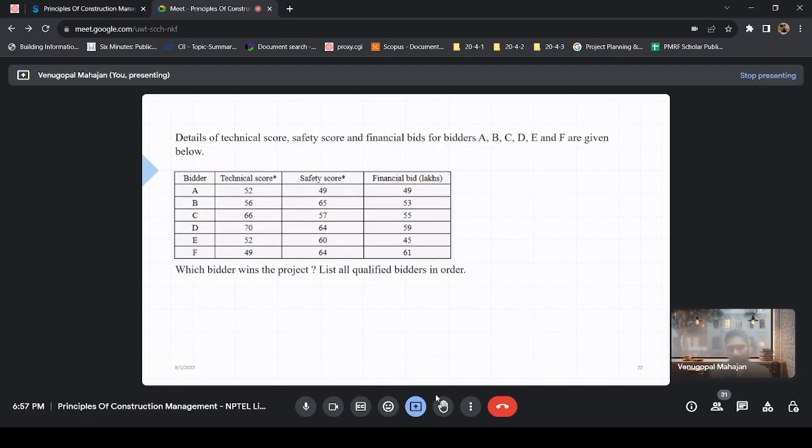So one question: this overall score consists of all the parts, technical part, safety part, financial part. But just a few slides back, we had a question that what is the deciding criteria to award a tender, and we answered that the financial is the deciding criteria.